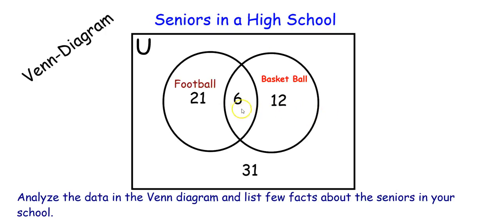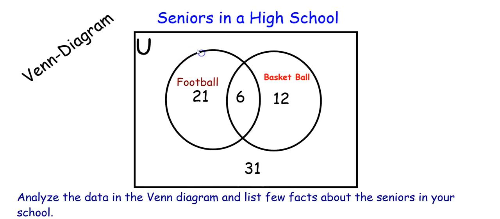Here the important point is that this whole circle is giving you the information about the football players. That is, altogether you have 21 plus 6, which is equal to 27. 27 football players are there.